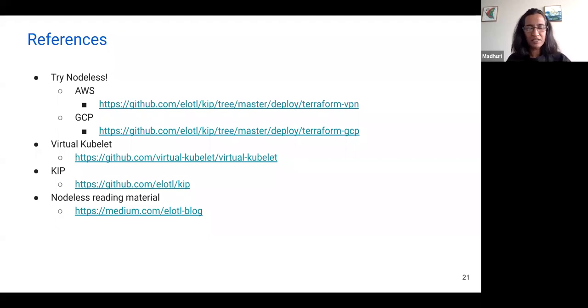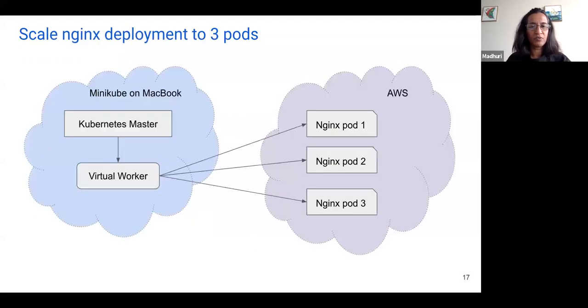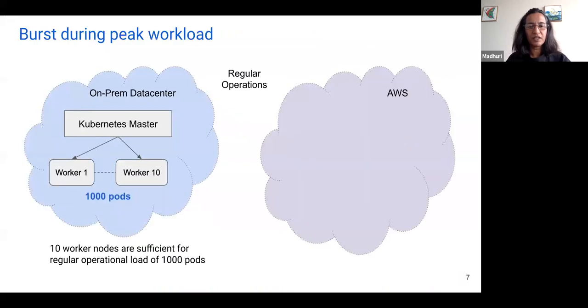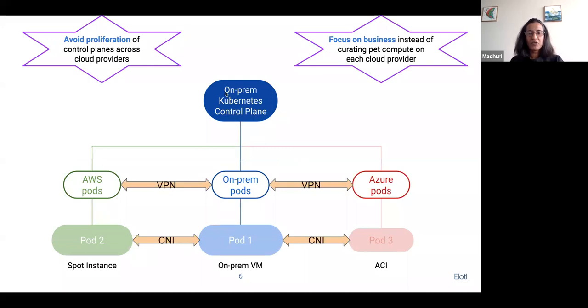That is one of the main motivations for developing Nodeless, is that we would want you to achieve something like this, where you have a single cloud control plane and you have some pods running on, say, AWS, some pods on on-prem, some pods on Azure, some pods on GCP, or maybe Oracle Cloud in the future. So you can have multiple virtual kubelets that are dispatching pods to various cloud providers.